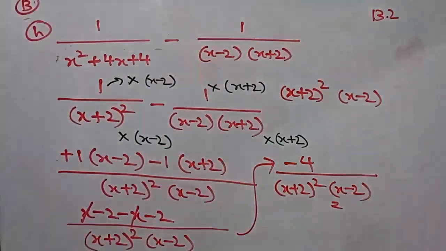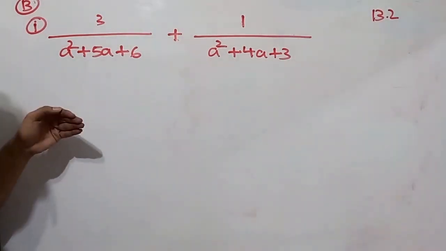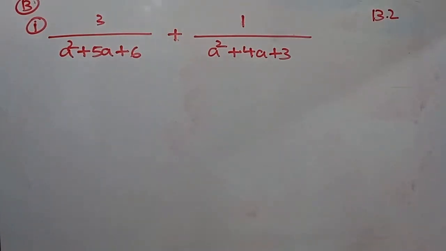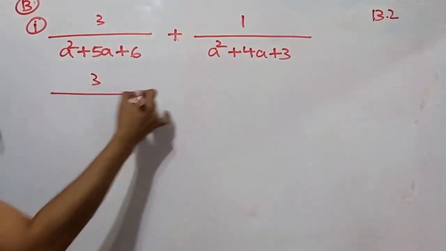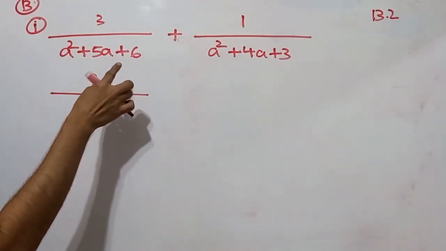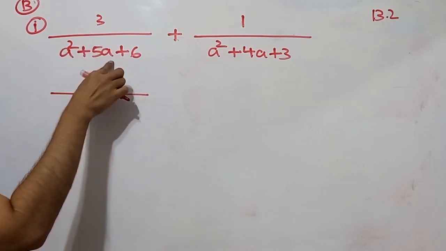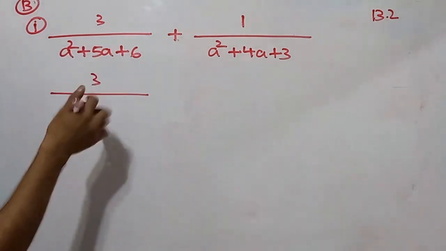So that's the answer. Right, here also we need to factorize both of these expressions. So actually we can come up with the factorization at once. So 3 divided by, when we multiply the first term and the last term, we get what? 6a squared. Middle term is 5a. So what do we have? 3 into 2.